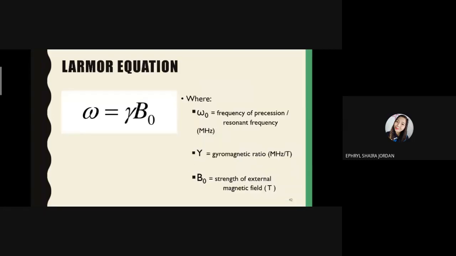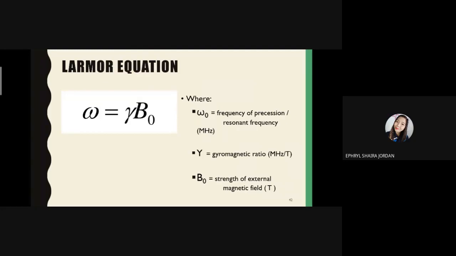Ano ang Larmor equation? So this is the Larmor equation. W is equivalent to YB0. So yan lang ang formula ng Larmor. Okay. This is where W is the frequency of precession or the resonant frequency and has the unit of megahertz. Y stands for the gyromagnetic ratio.